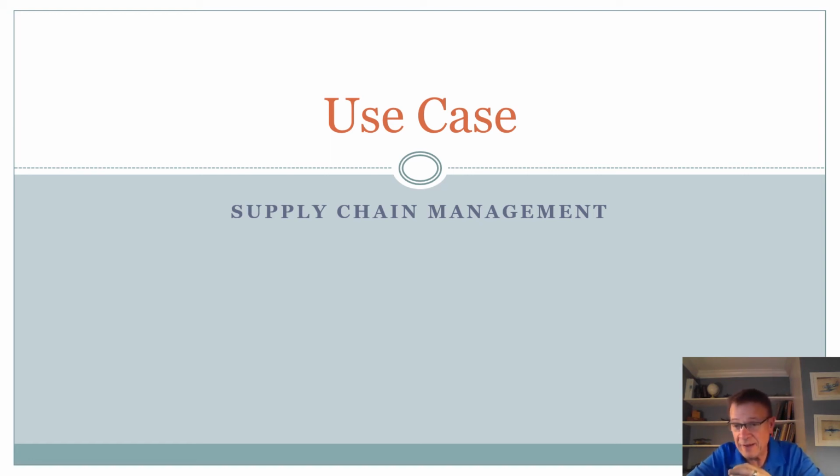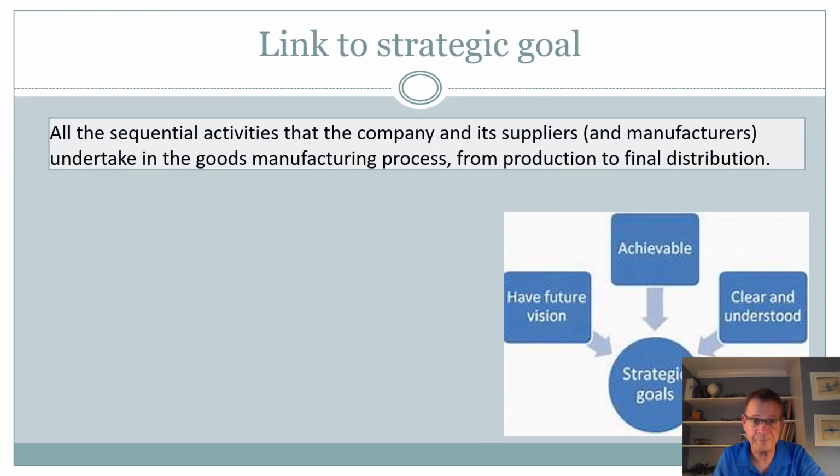Anybody who's been following the COVID-19 pandemic and dealing with supply chain shortages, both on the business side because things aren't being shipped in on time, or on the healthcare side in terms of getting timely access to PPEs and other kinds of healthcare equipment, can see that managing supply chain is a very important activity.